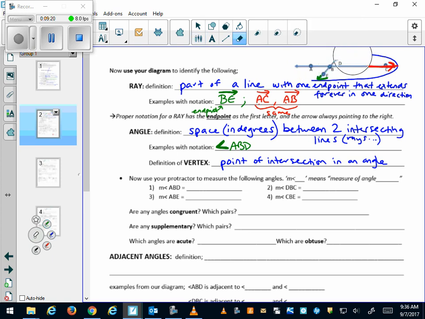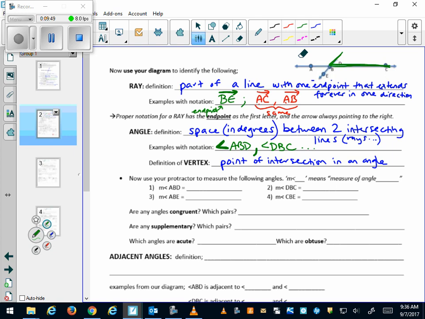Let me erase my rays so we can look more carefully at this diagram. That's one example. Another angle that we could name, let's say start at D, go to B, and end at C. DBC would be another angle. There's many more.